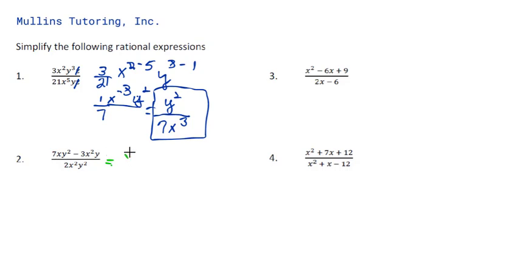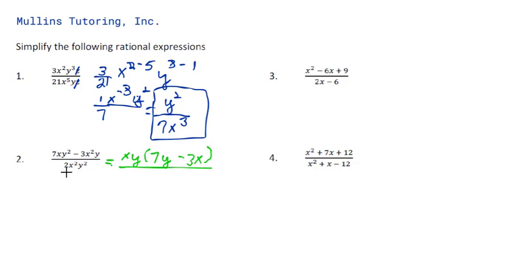So xy would be the common term we would pull out. Since there's one x here, I already have that, and y times y is y squared, so we would have 7y minus, and then we have the 3. Since it's x squared and we have one x already, we'll bring the x here. And then we already have one y, so that would be our numerator.